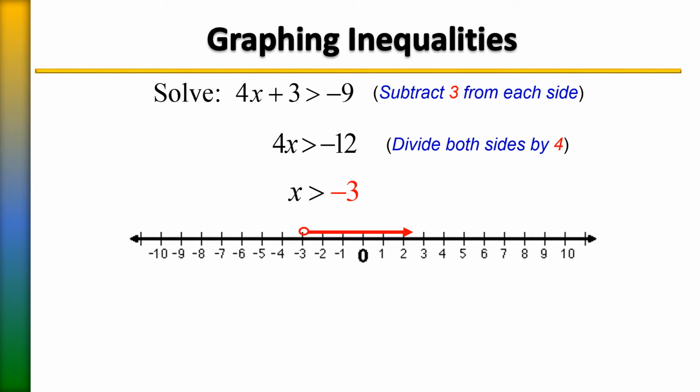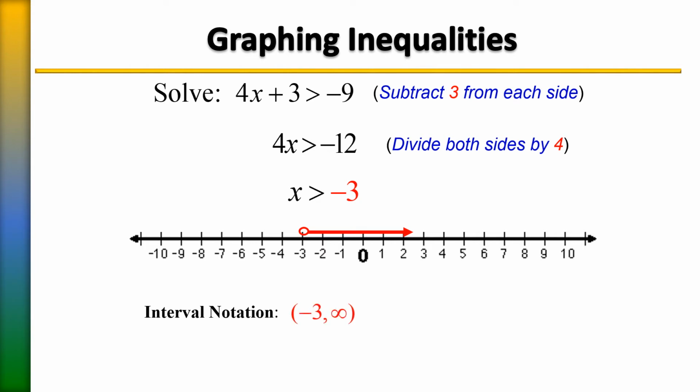Now, to write it in interval notation form, it's easy to write it once you look at your graph, because of the fact that it does not include -3. At that point, we're going to have a parentheses, -3, comma, and going all the way forever to infinity.